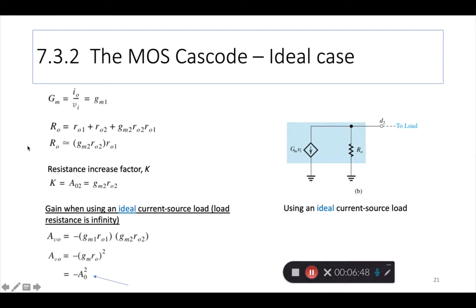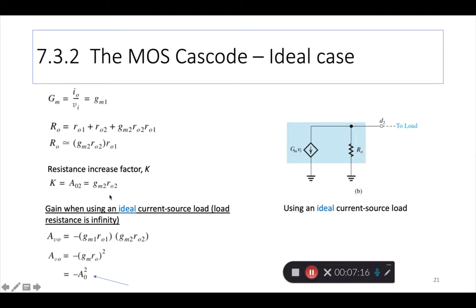But for now, let's focus on the results coming from this new cascode business. What formulas are now introduced to help us assess the main goal, which is, has the gain increased? The ideal case is first considered, then we'll consider the real case.